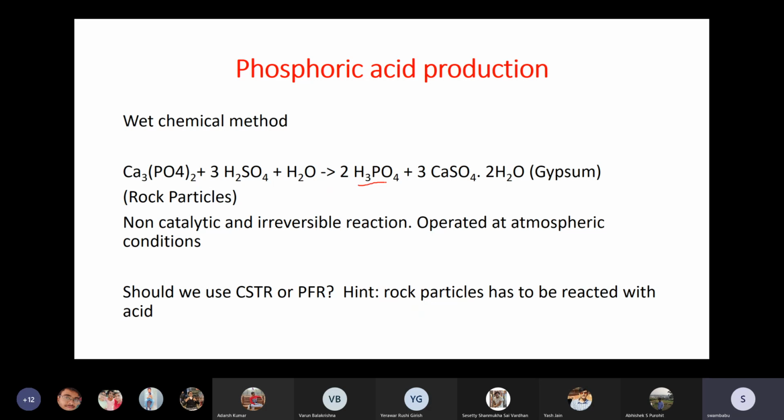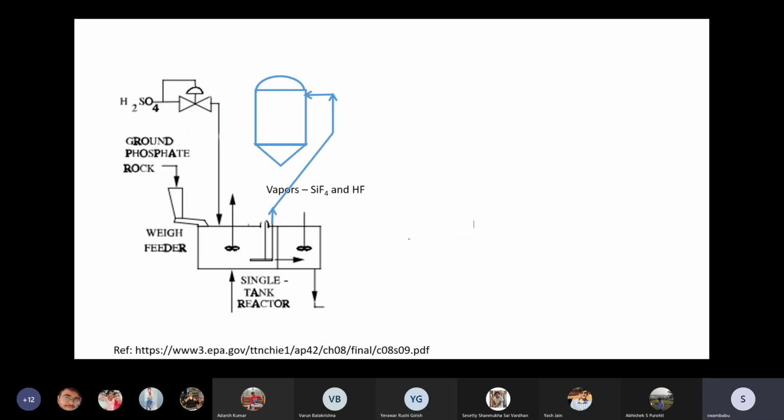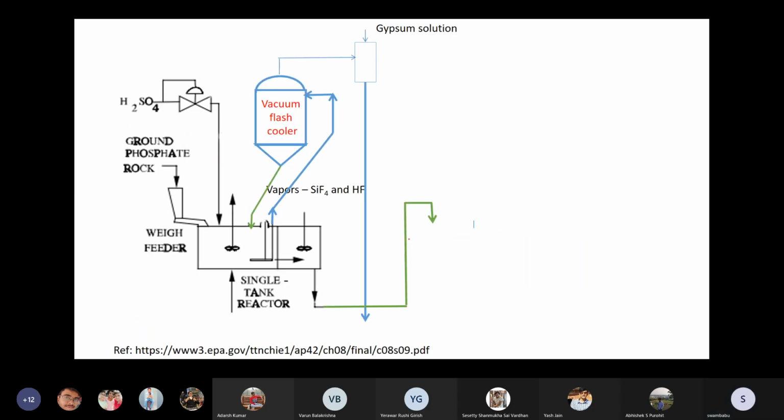You know this is solid, and this is liquid. After the reaction at atmospheric conditions, the gypsum is in the solid form and phosphoric acid in the liquid form.